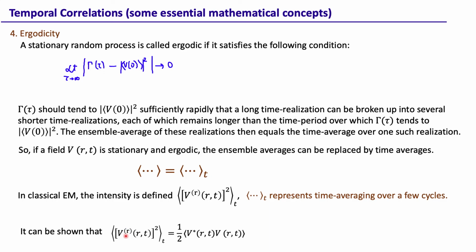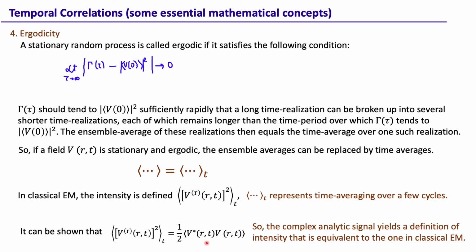But it can actually be shown that this time averaging over a few cycles is actually the same as this quantity. And I will put this as a homework problem to show. But the point that I am trying to make here is that the complex analytic signal, at least in this example, yields a definition of intensity that is equivalent to the one in classical EM.